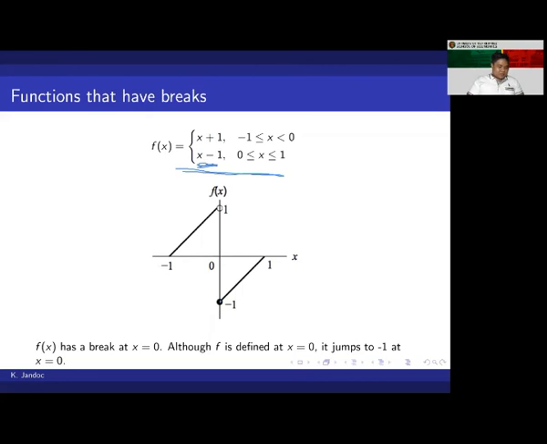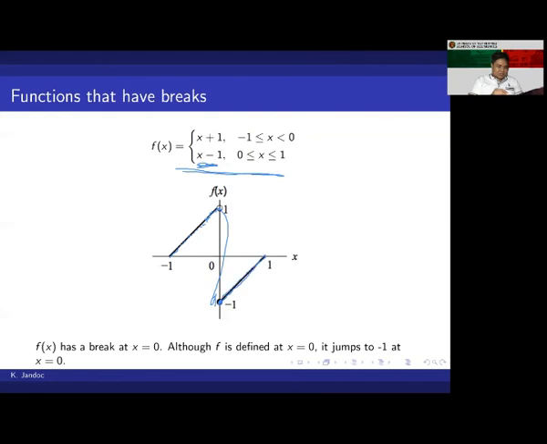However, when you approach 0 from the left, this approaches 1. But then as you go to x equals 0, boom, it jumps to f of x equals negative 1.